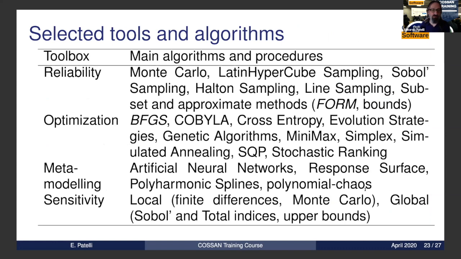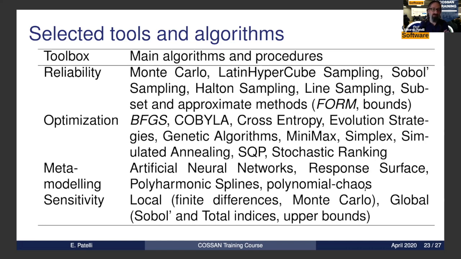In terms of optimization, we have different techniques available, from gradient-based optimization techniques to gradient-free techniques like simplex. Other popular optimization techniques are genetic algorithms, stochastic ranking, and simulated annealing.